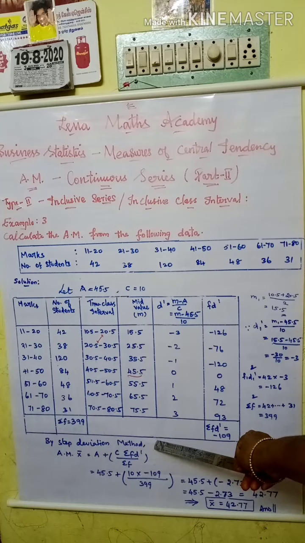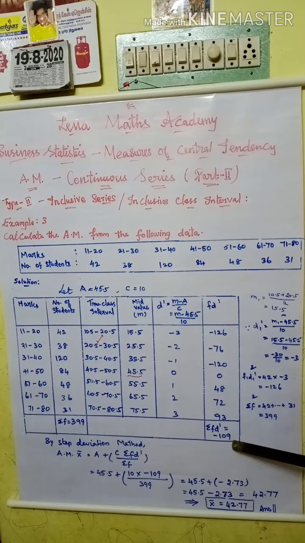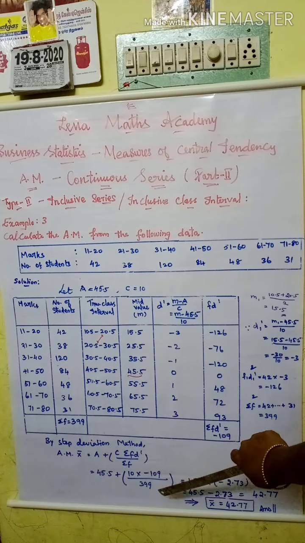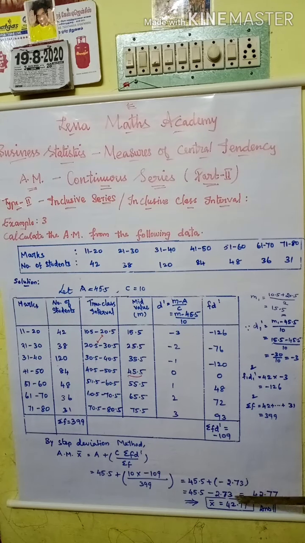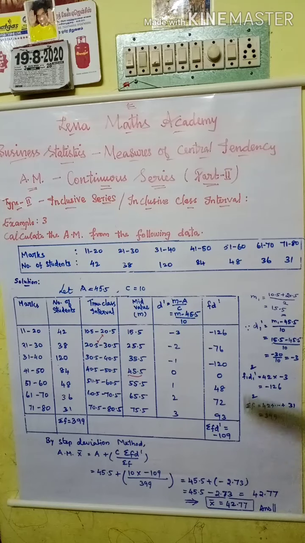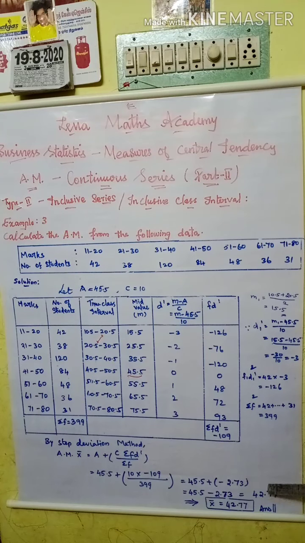From the table, summation f d dash is minus 109 divided by summation f 399. After simplifying we get minus 2.73. Plus into minus is minus, so 45.5 minus 2.73 gives 42.77. So for the exclusive series, the arithmetic mean x bar is 42.77.